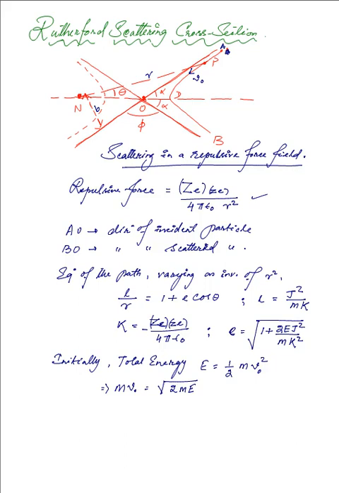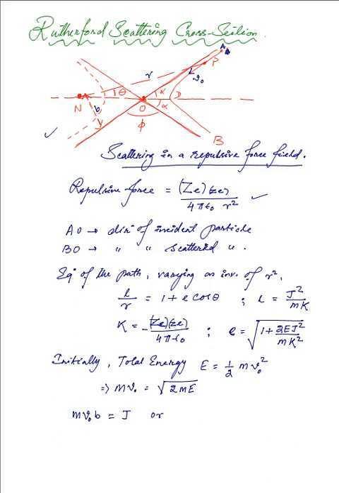Now m v naught times b. Now take a look near the nucleus over here. What we get is m v naught times the perpendicular distance from the nucleus, that is b, and that is equal to the angular momentum, if you remember.